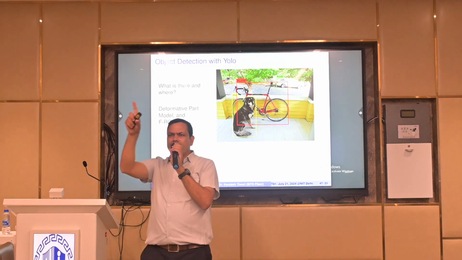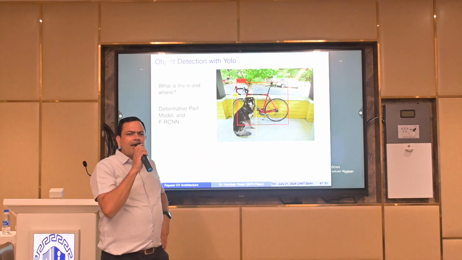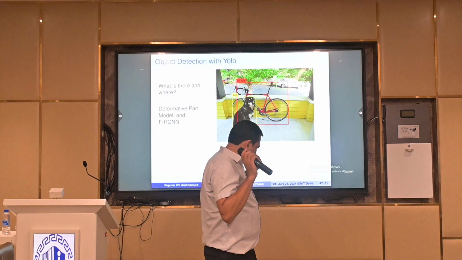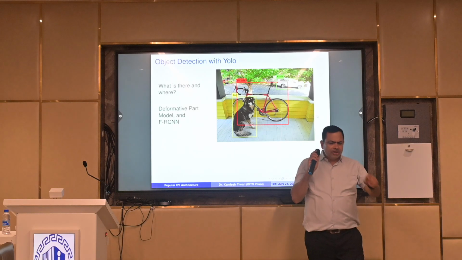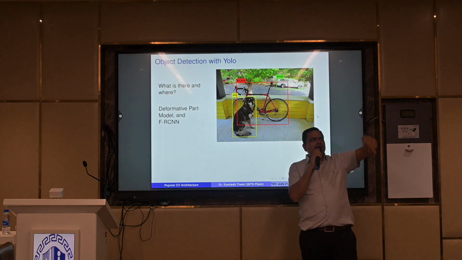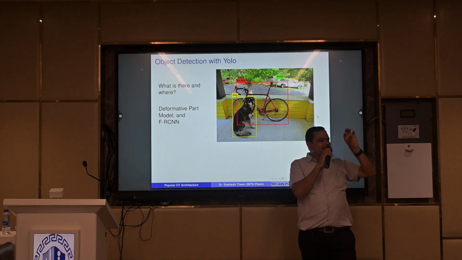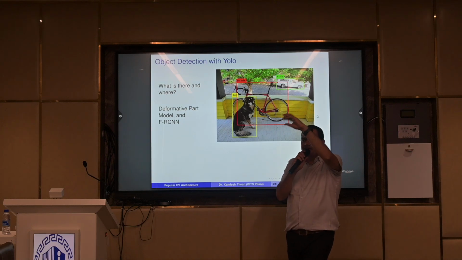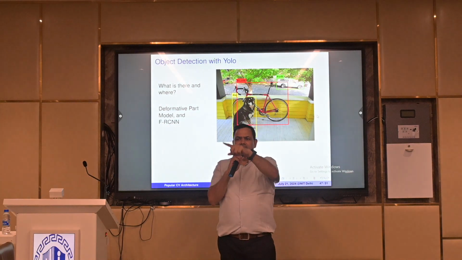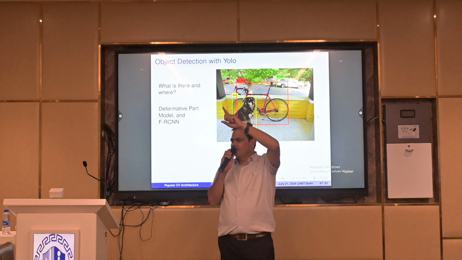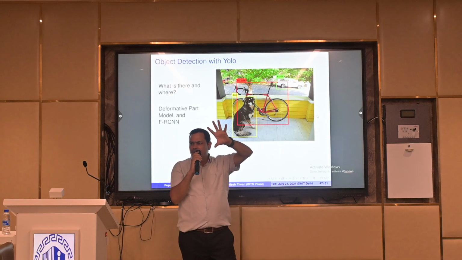If a big image is given and I want to do object detection, the method should be that I divide the image into equal parts. For every part I would check: is there a cat, is there a cat, is there a cat? The places where I see one, I can tell that here is a cat. Okay. But the question comes, what should be the size of this block?